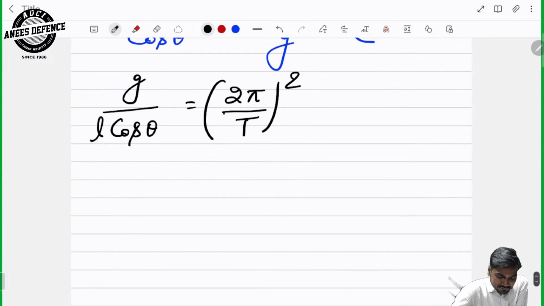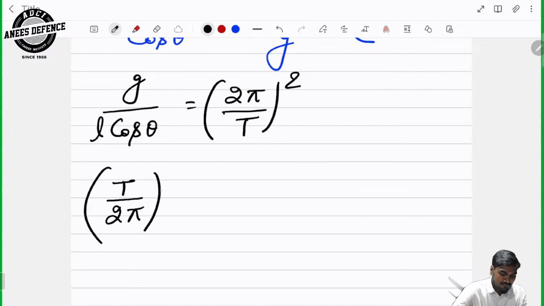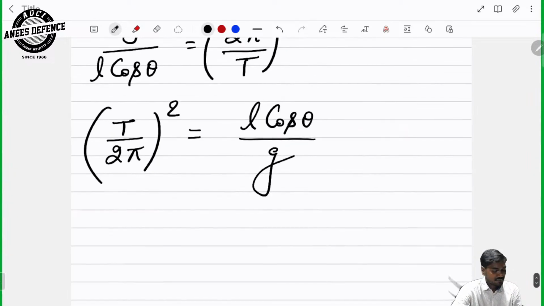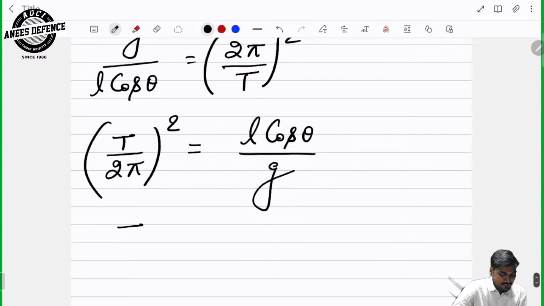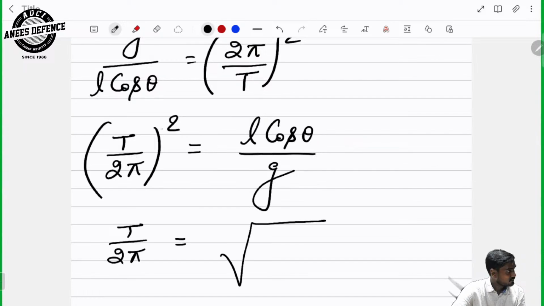Take inverse: T upon 2 pi is equal to root of L cos theta upon g.